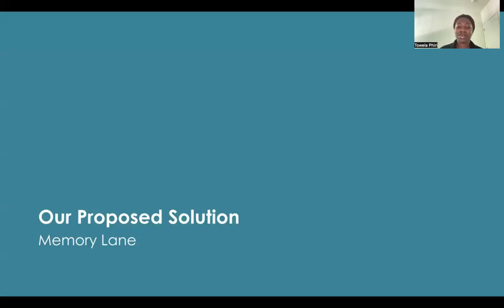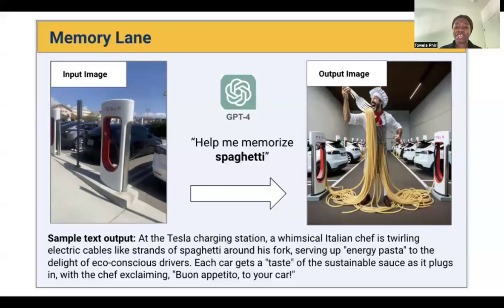And that takes us to our proposed solution, Memory Lane. Memory Lane is an app where users will input the image or the item in their memory palace that they want to associate an item with. And we will use GPT-4 to generate an image and a sample text based on the original image.